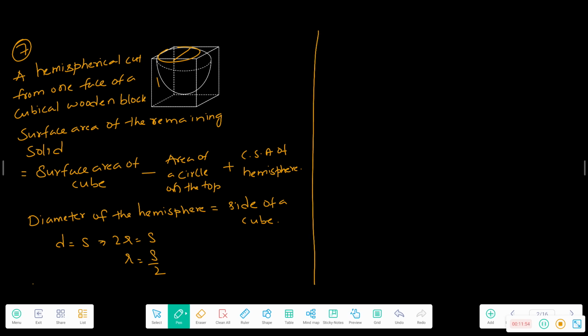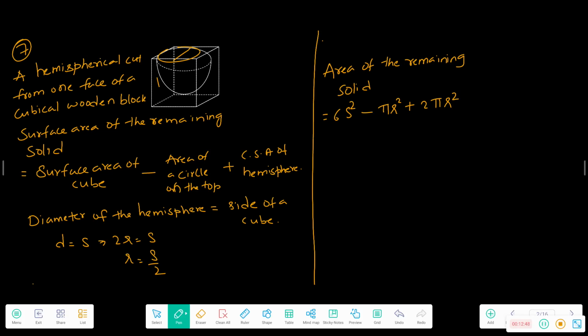Now substitute in that. Area of the remaining solid is equal to surface area of cube, that is 6 s square, minus area of circle, pi r square, plus curved surface area, which is nothing but 2 pi r square.